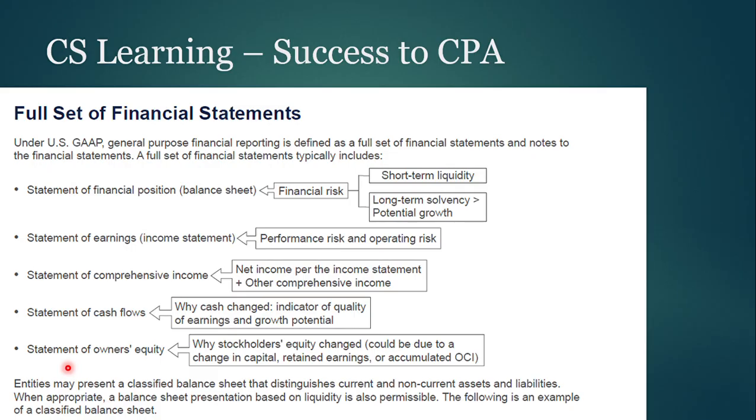They understand the company has very good potential once they understand the statement of owner's equity. So this is what to understand about the full set of financial statements. Let's move to the next slide.